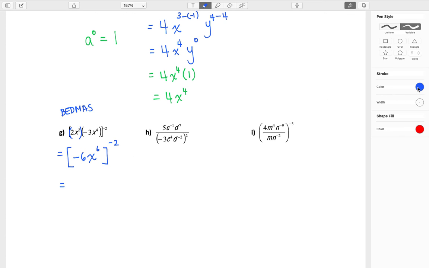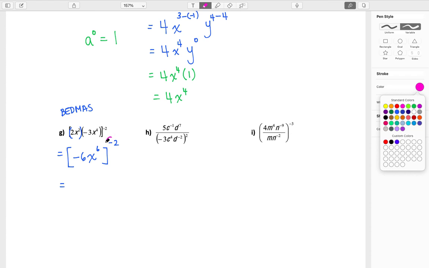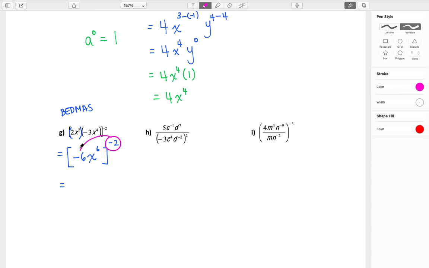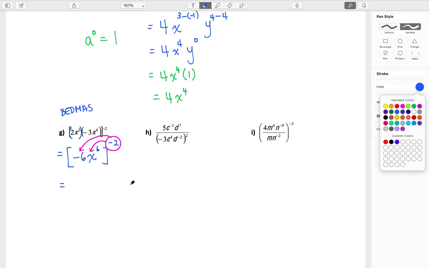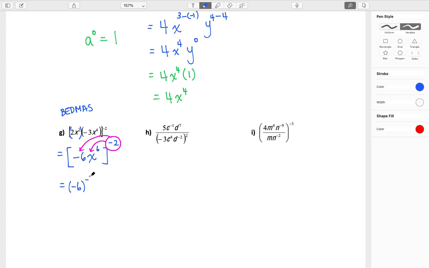Now I'm going to apply the exponent law. You could flip it to make it a positive exponent, but what I'm going to do is apply the negative 2 to the negative 6 and to the x. So it becomes negative 6 to the negative 2, and x to the 6 to the negative 2. I'm going to flip the first one, so it's 1 over negative 6 to the power of 2.